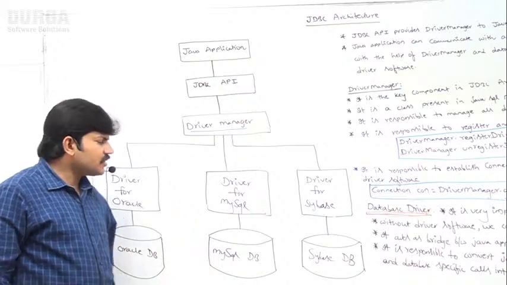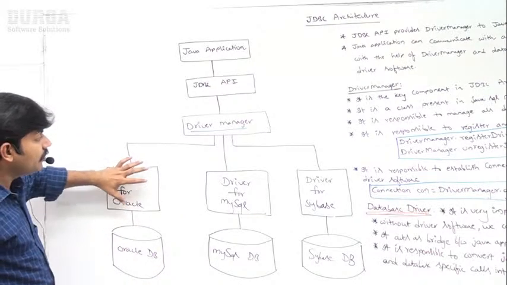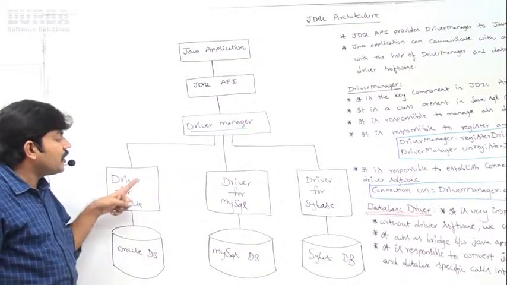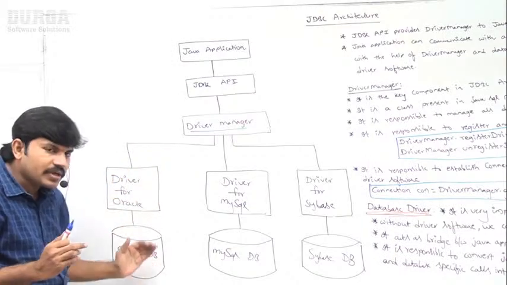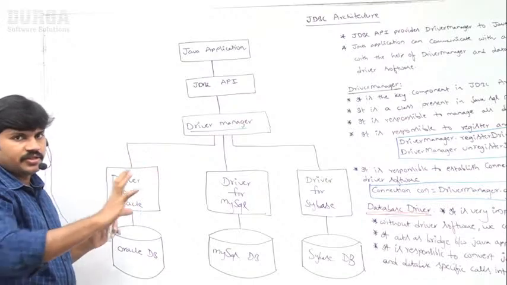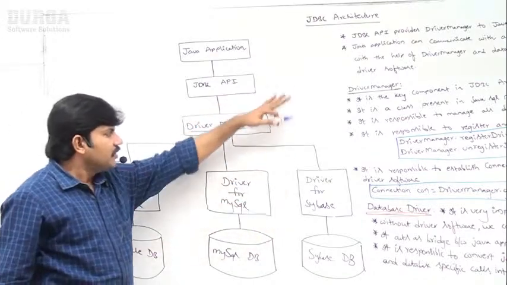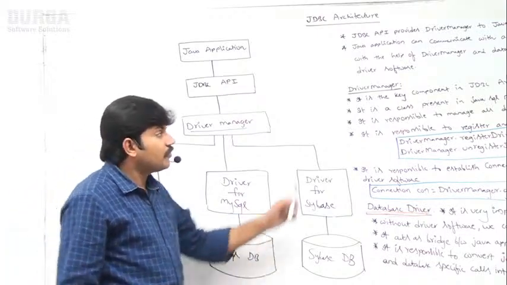Next, driver software is a very important component, which is responsible for converting Java calls into database specific calls, and database specific calls into Java calls. This is the brief description about the JDBC architecture.